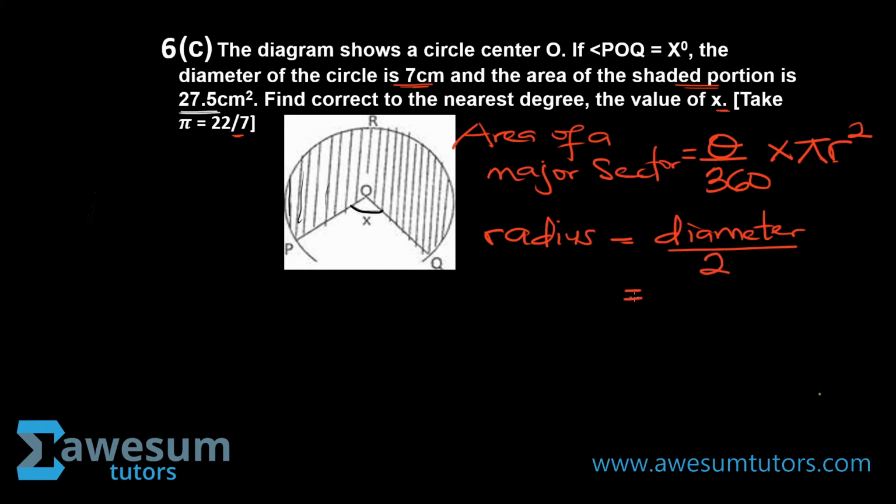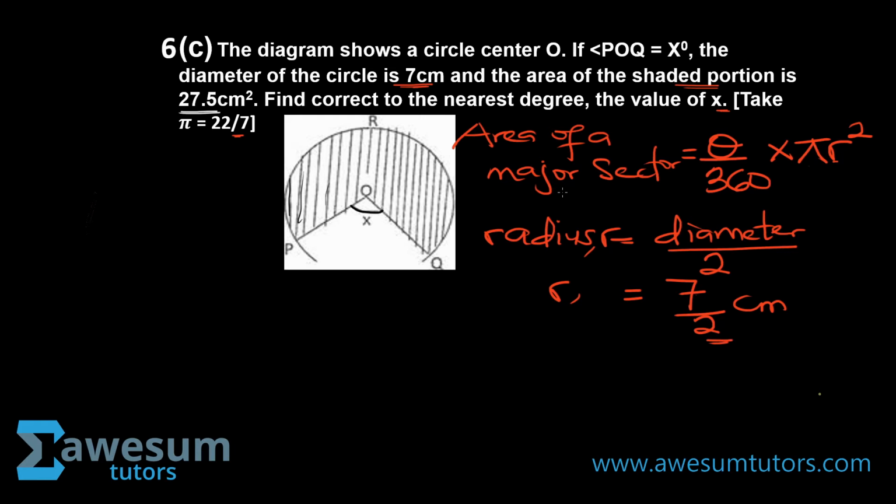So that means the radius r is, what is the diameter? 7. So it's going to be 7 over 2 centimeters. Okay, very good.